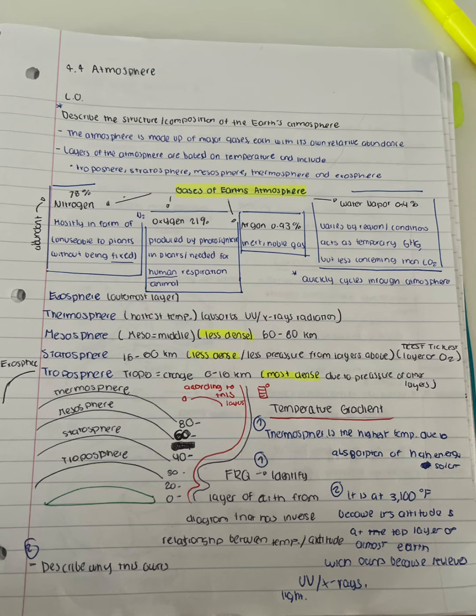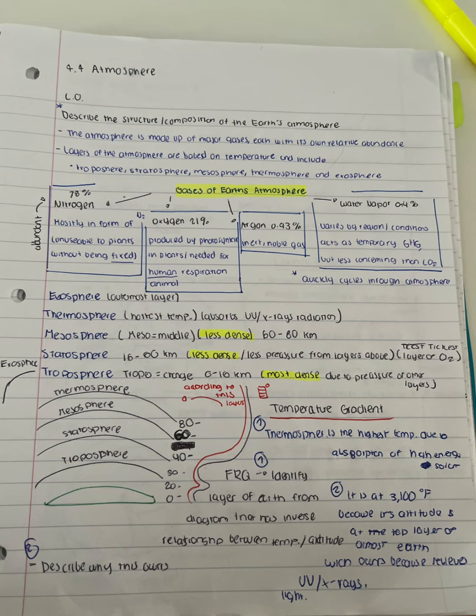Then we have our FRQ, which asks us to identify a layer of Earth from the diagram that has an inverse relationship between temperature and altitude. And it says the thermosphere has the highest temperature due to the absorption of high solar energy.